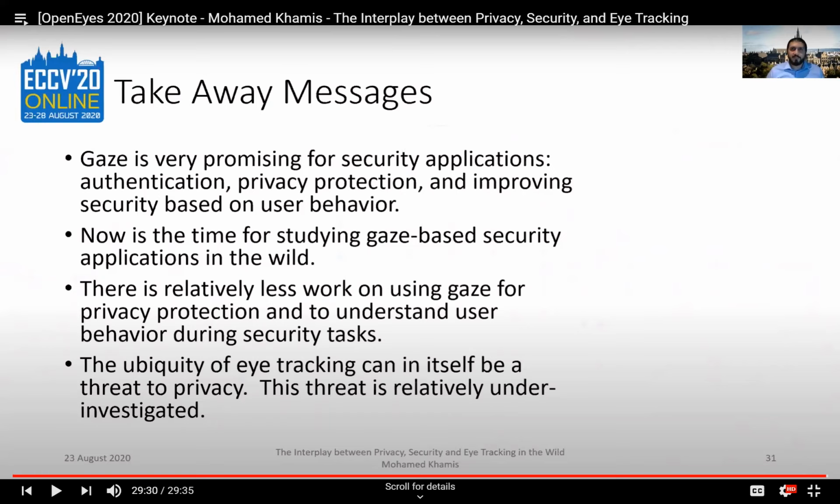In the previous keynote, there were a lot of applications of eye gaze in monitoring drivers. In terms of security, to be honest, I haven't thought of using eye tracking for security applications in a driver situation. There may be interesting things to do there.